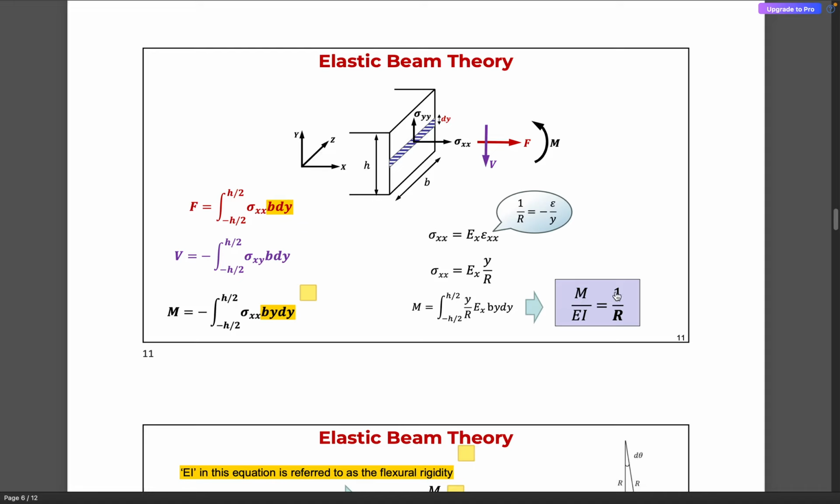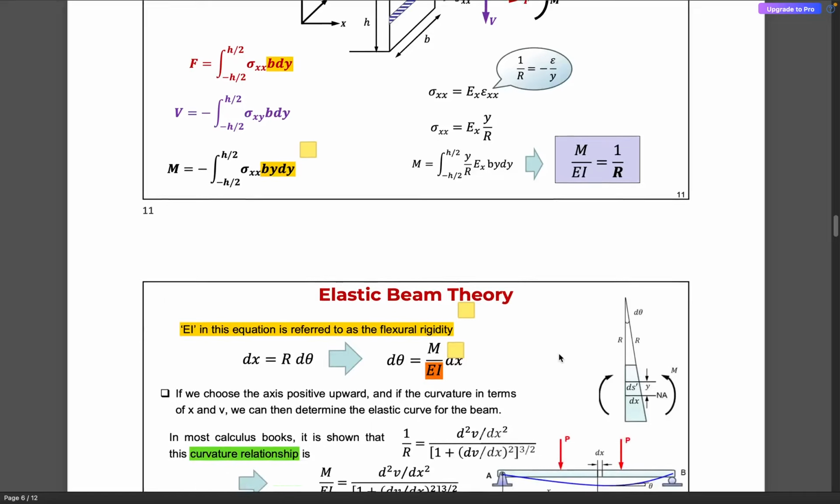So the curvature phi is equal to 1 by r is equal to M divided by EI. Here the term EI corresponds to the flexural rigidity of the beam. The higher the value of EI, the more difficult it is to bend the beam, but if the value of EI is less, then it is more flexible, that is, it bends easily.